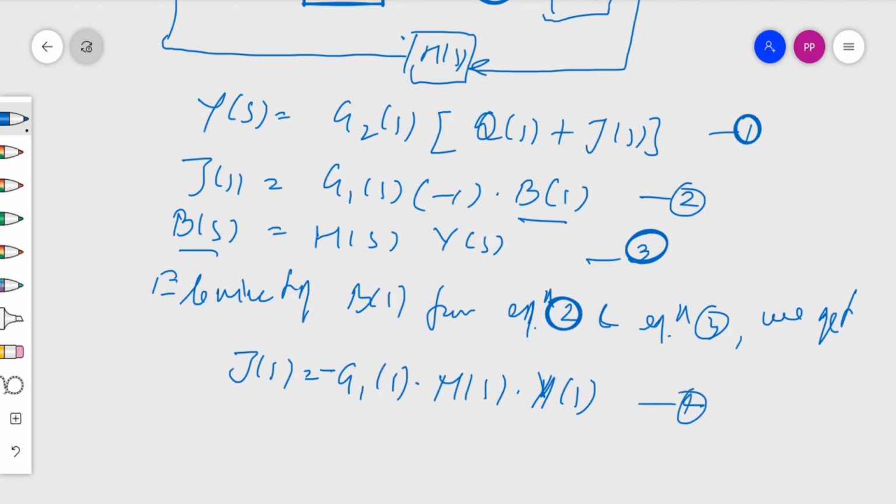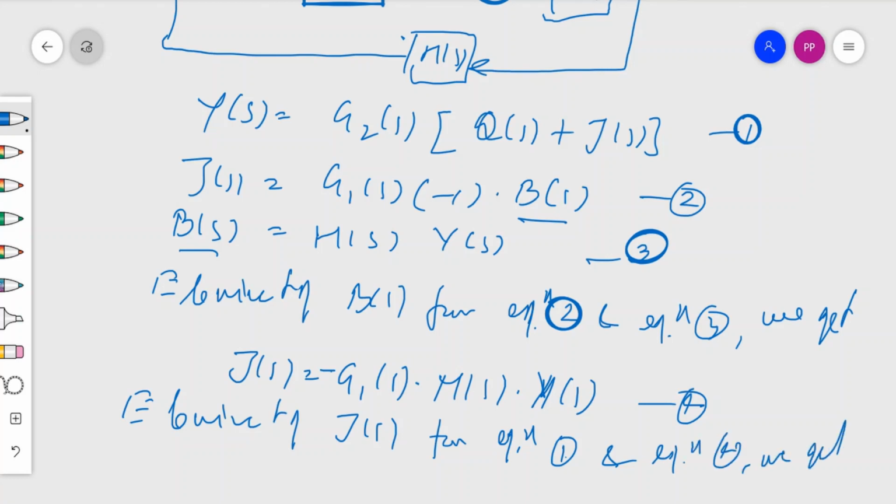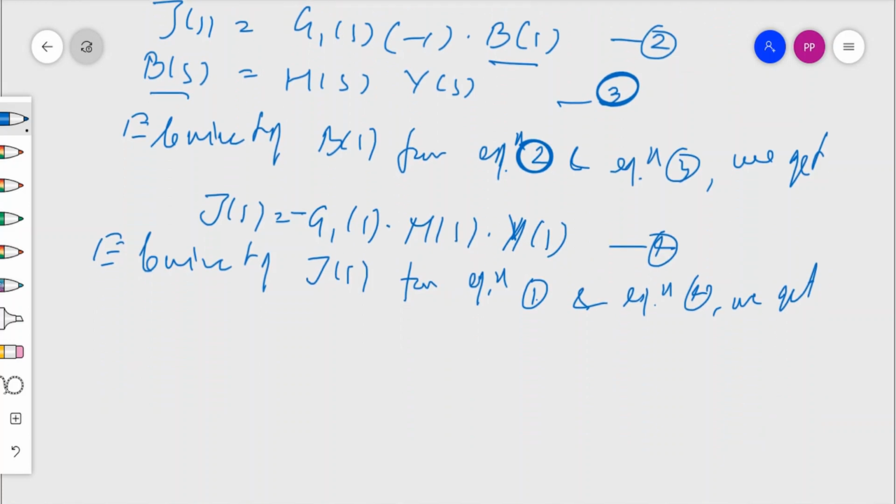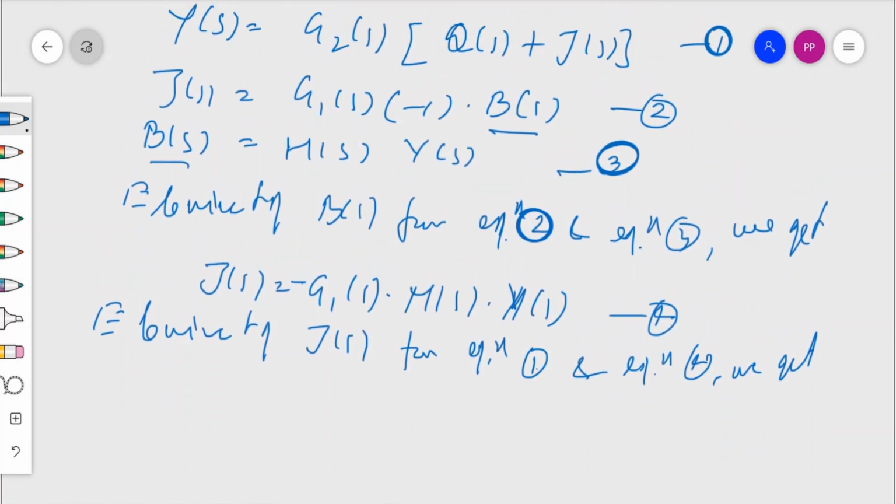Now we have to eliminate JS from equation 4 and equation 1. Eliminating JS from equation 1 and equation 4, we get YS equal to G2S, which is multiplied with the signal QS, which is the input.